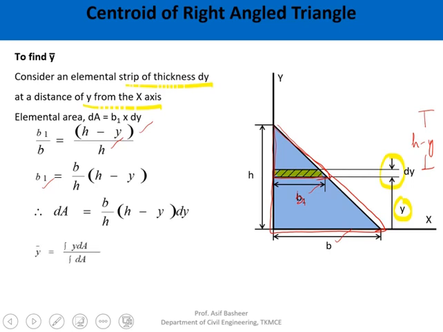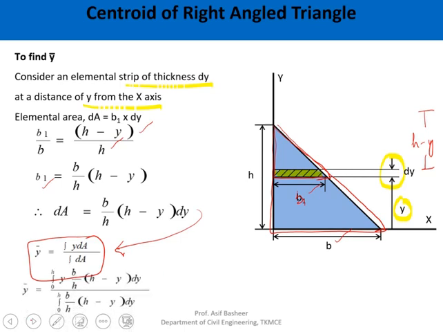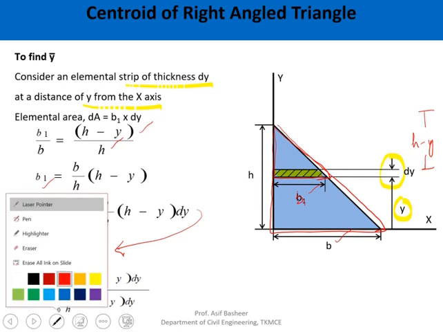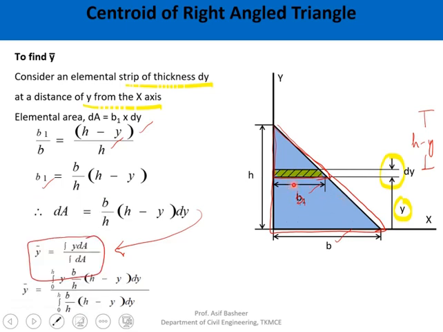And you know, y bar, the centroidal distance, is equal to integral y dA divided by integral dA. Substituting this value for dA, y bar is equal to, this strip has to travel from 0 up to h.